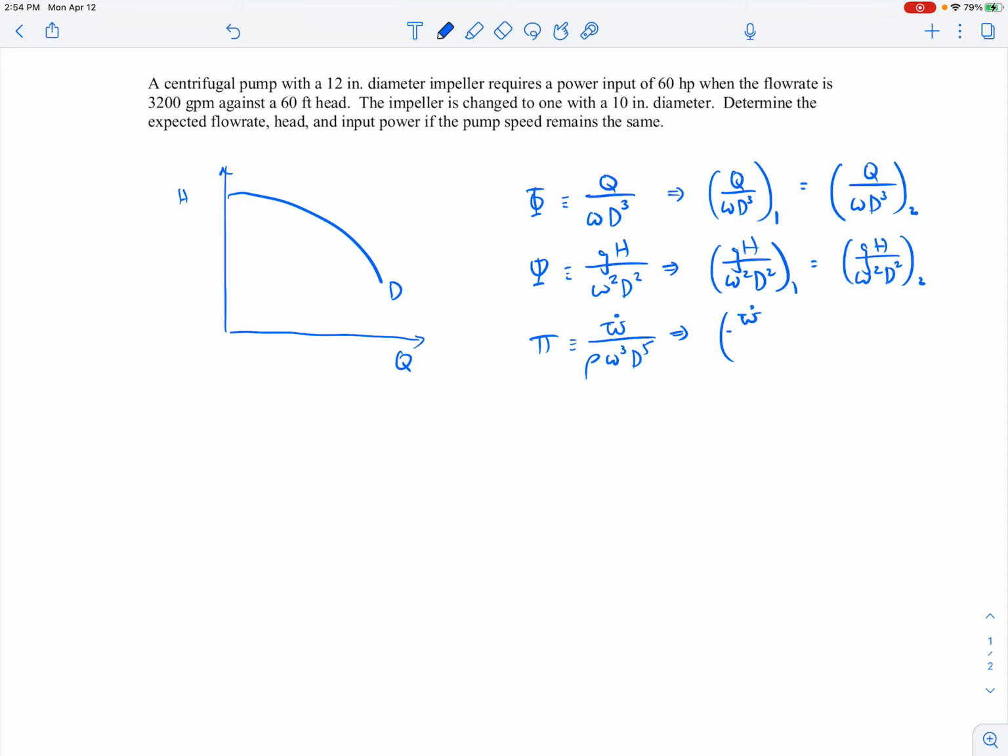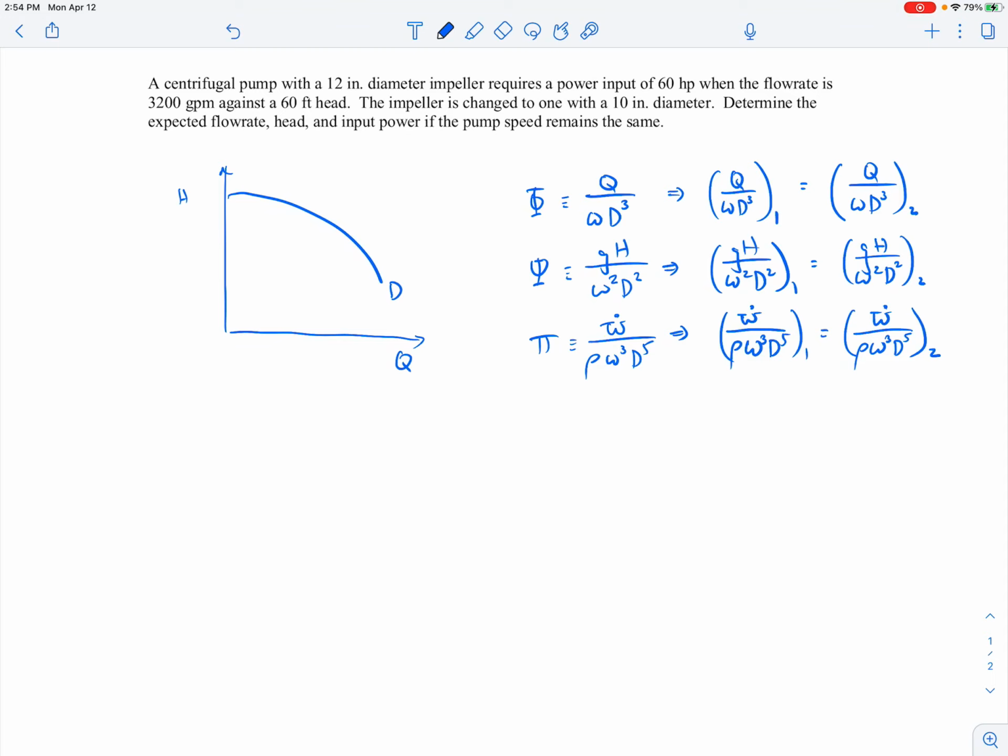Note that if you keep all three of these the same between scales, then the pump efficiency should also be the same between scales, because you can form the efficiency from the three coefficients that I have here on the page already. So if all three of these coefficients are the same, then the efficiency would be the same as well.